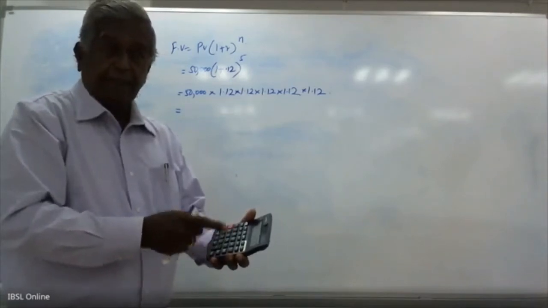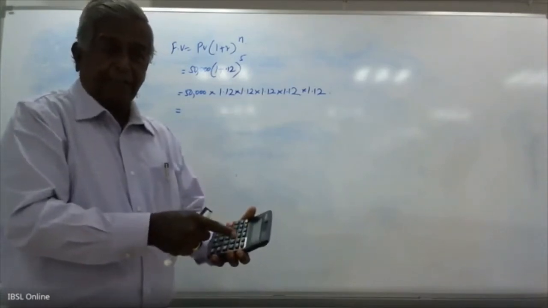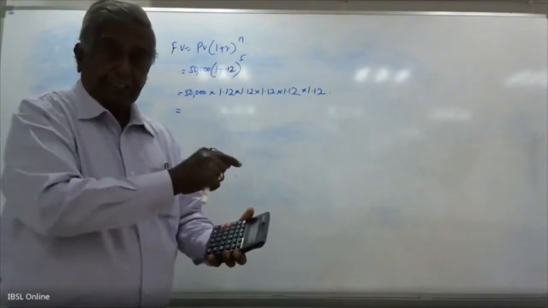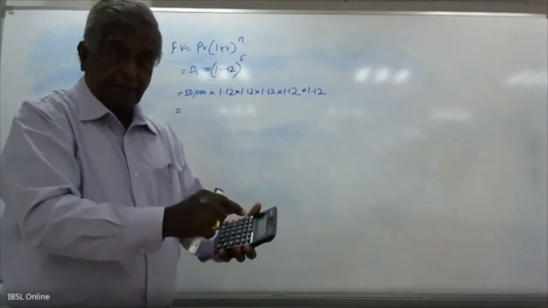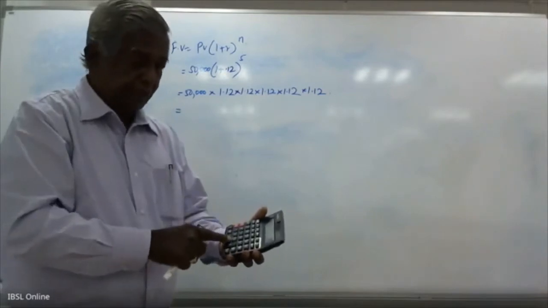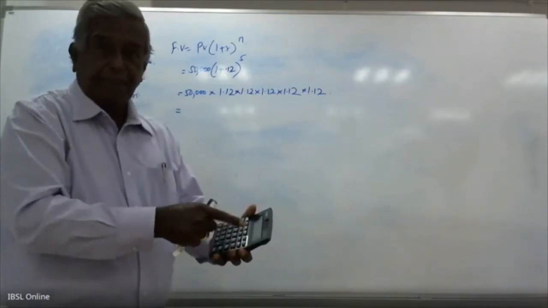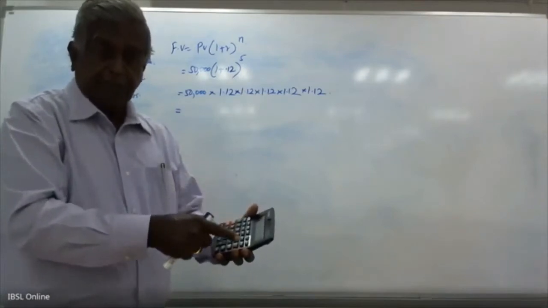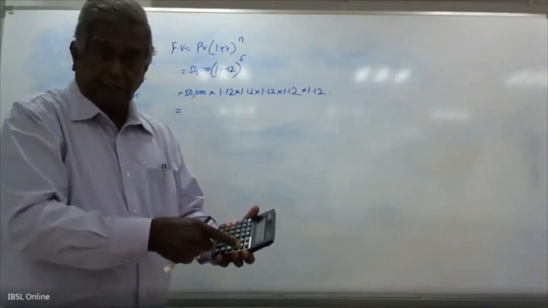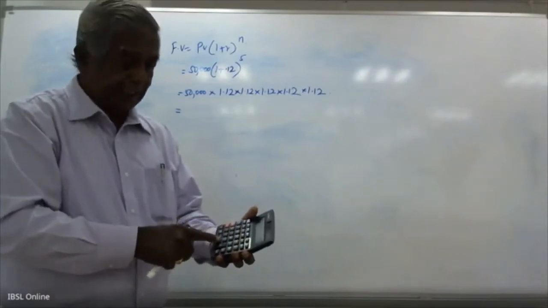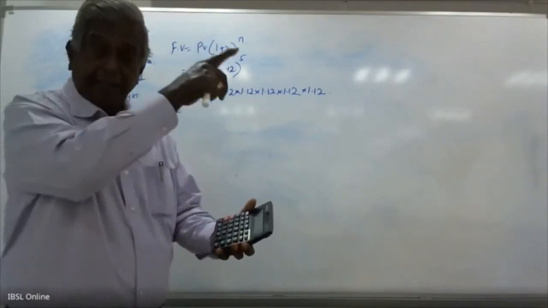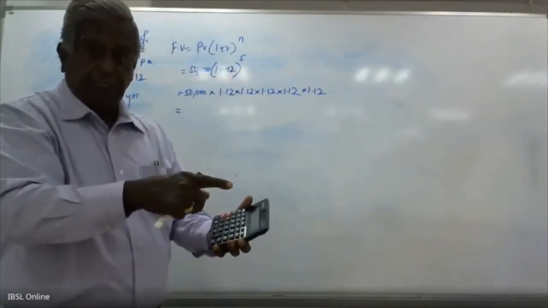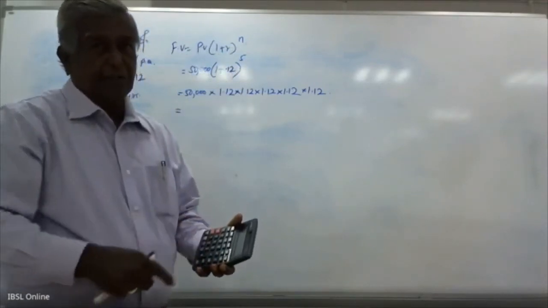What happened? The first entry, 2, is multiplying the result. 10 you got as the result, and 2 multiplies it to give 20. Again equal sign, 40. Again the first input 2 multiplies the result, 20 into 2, 40. Again equal sign, 80. So this you can use.